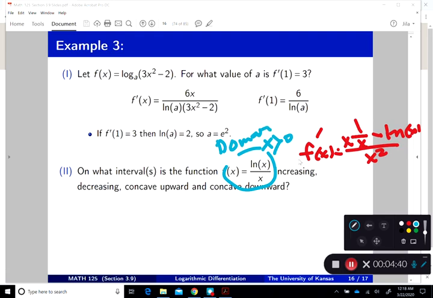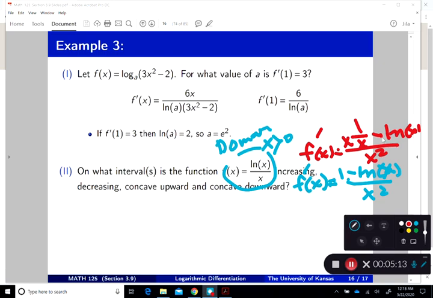But now that I have found the derivative, which is 1 minus natural log of x divided by x squared, I have to use this derivative within the domain, which is also the same as the domain of the function, to find where f prime is positive and where f prime is negative.